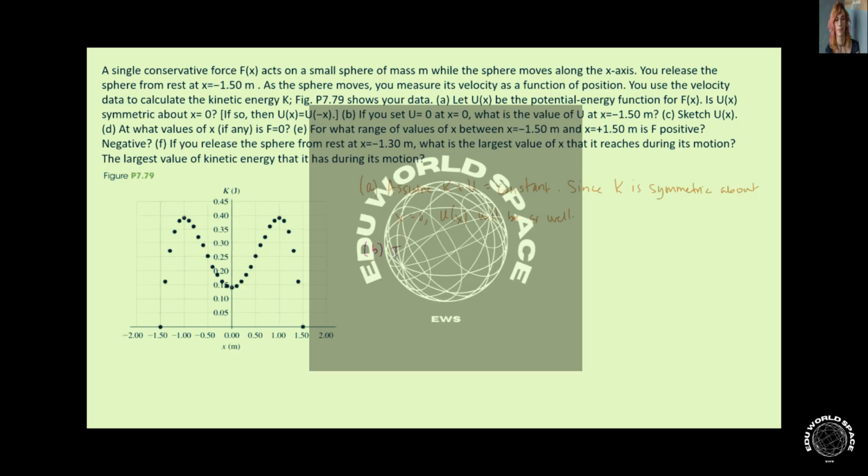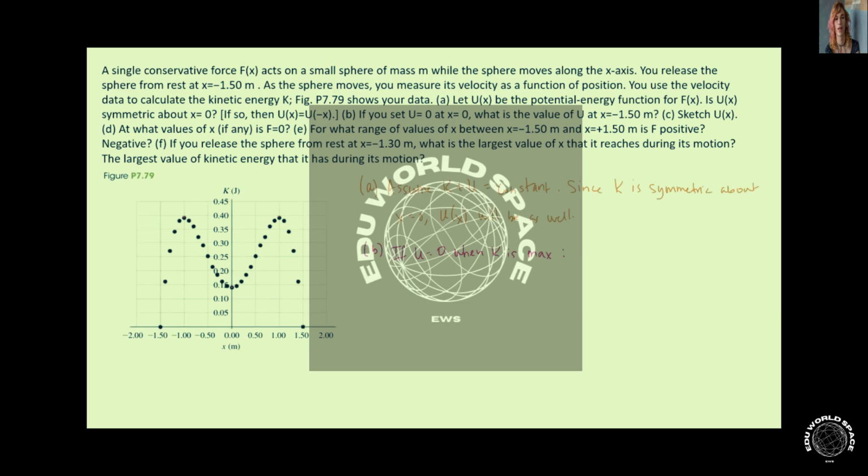Let's start with U equals 0 when K is maximum to help us figure out what the values would be, and we'll go from there to figure out what they are if U is 0 at x equals 0.